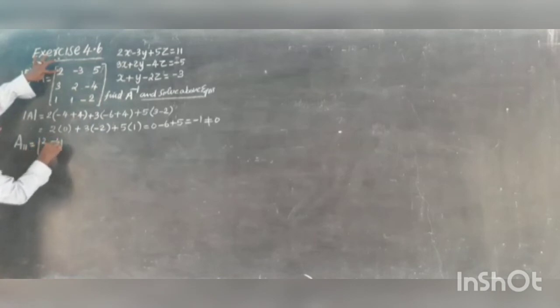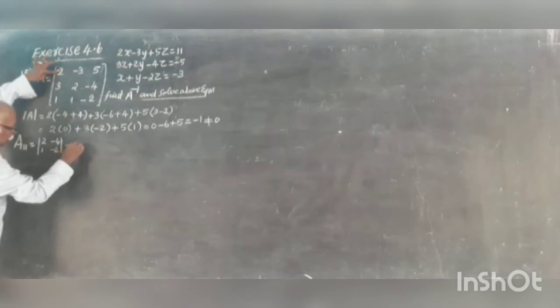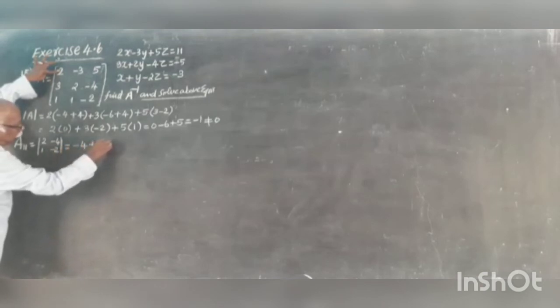Then find all the cofactors. A11 is 2 minus 4, 1 minus 2, equal to minus 4 plus 4, 0.